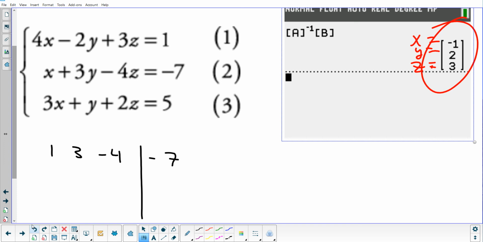If I have a 1 somewhere else that I can just swap to that position, that's better. So row 2 is 4, -2, 3, 1, and 3, 1, 2, 5. So I'm not even counting that as a step. I'm doing that as like a setup before I start doing the row operations.